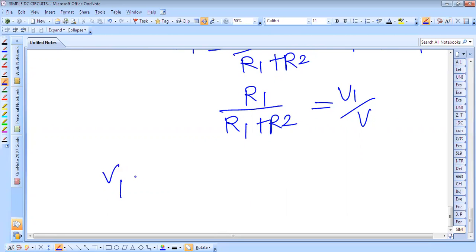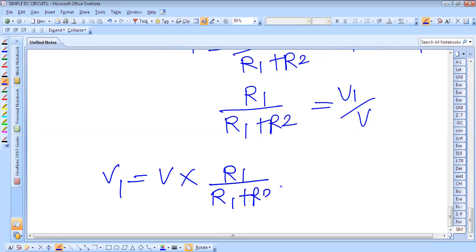V1 is equal to total V into R1 by R1 plus R2. V1, the voltage across the resistance R1, is V into R1 by R1 plus R2.